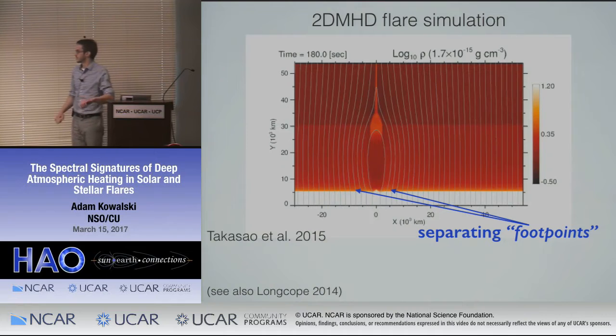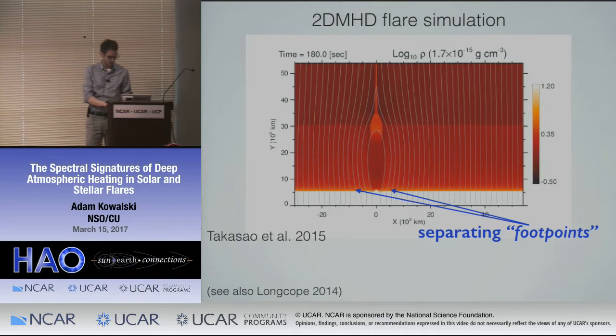So there's been some really great multidimensional modeling of reconnection and flares recently. This is a movie by Takasao-san. It's a 2D MHD flare simulation. They simulate reconnection and the collapse of the magnetic field lines.